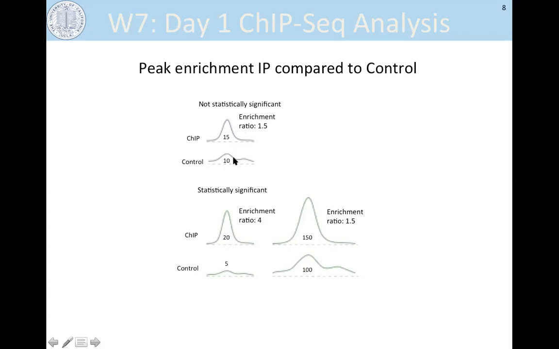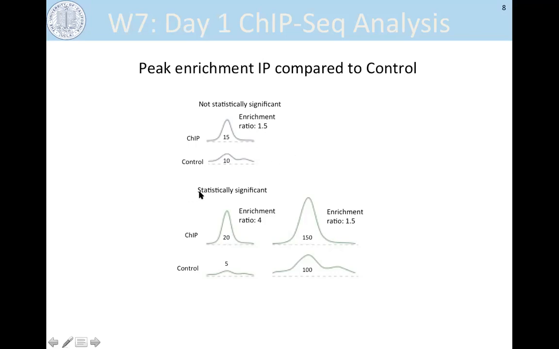And in your control, if you have 10 reads also in that site, you have an enrichment of 1.5-fold. Now, due to the small number of reads, this is not likely to be considered a statistically significant peak, as it's only 1.5-fold enriched and you only have 15 or 10 reads aligning there.